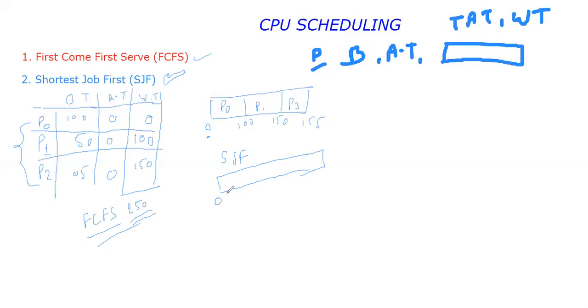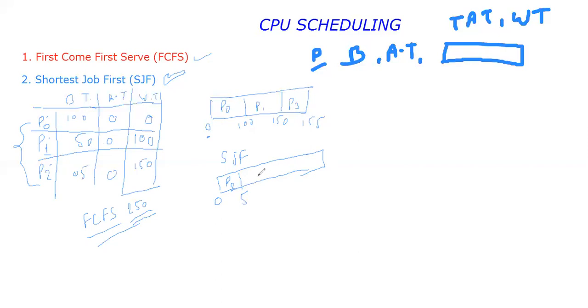Now which process should I pick first? Since all three processes P0, P1 and P2 arrived at the same time, the smallest process in terms of burst time is P2. So I'll execute P2 for its full time, that is 5.